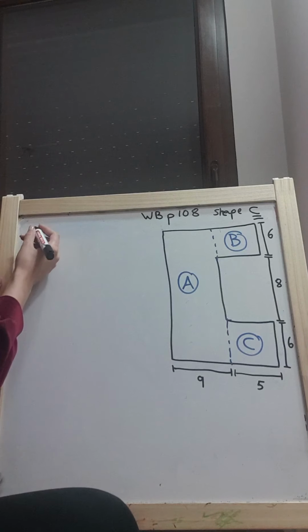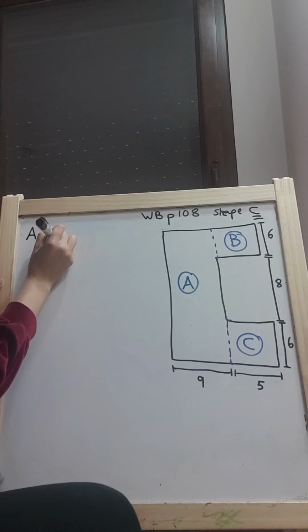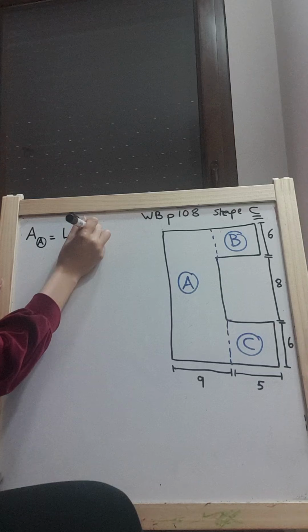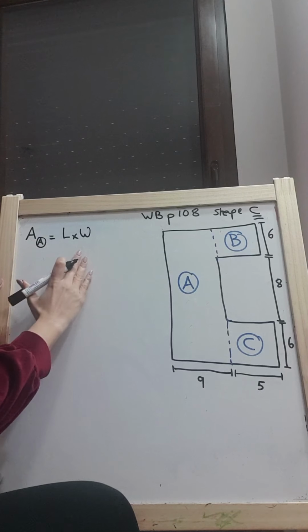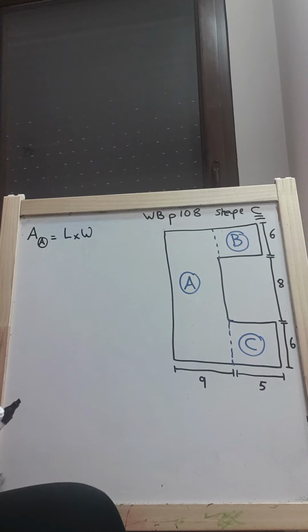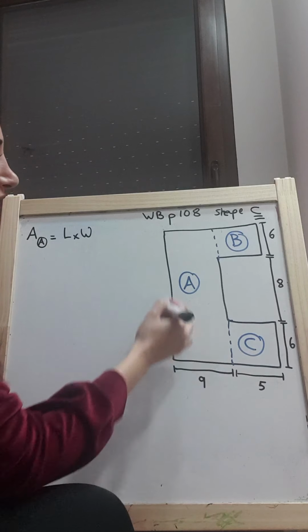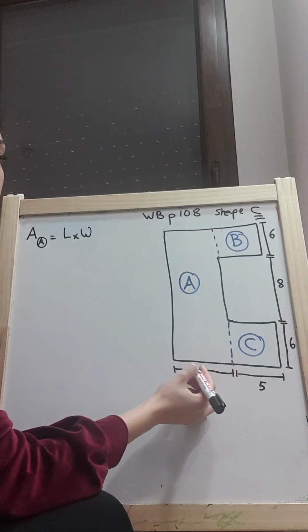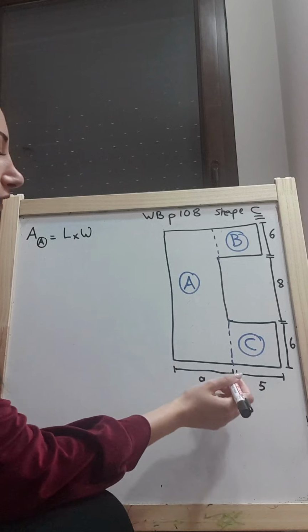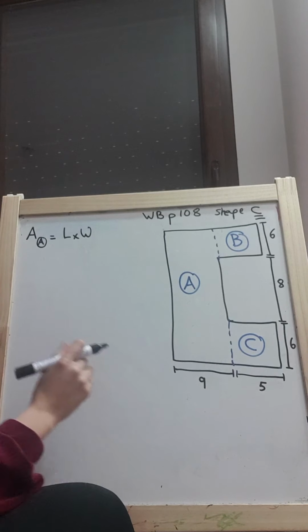As we agreed, I write the rule. Shape A is a rectangle, so I write area A is length times width. The width is 9 inches. What is the length?